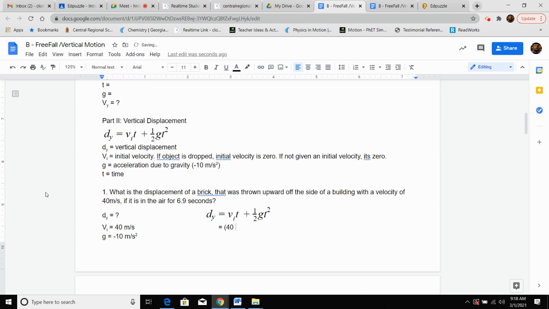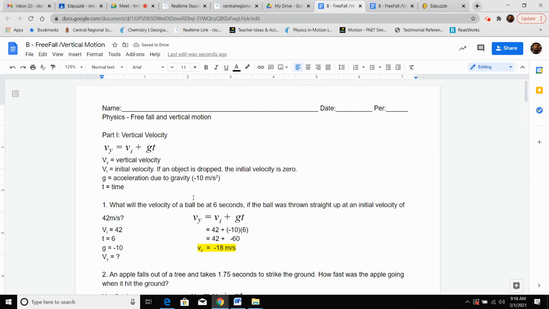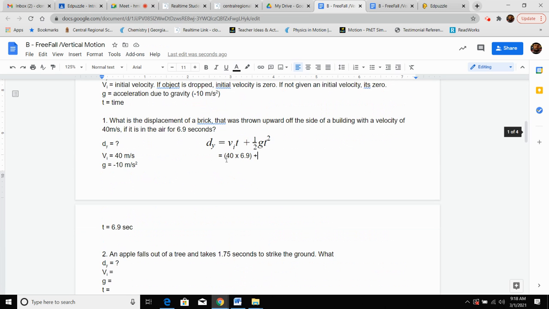How long was it in air for? 6.9 seconds. And then we're going to do this 1/2 times negative 10 times t squared. So t was this 6.9 seconds.